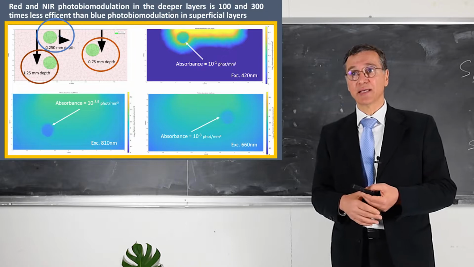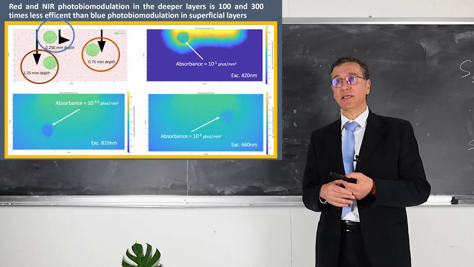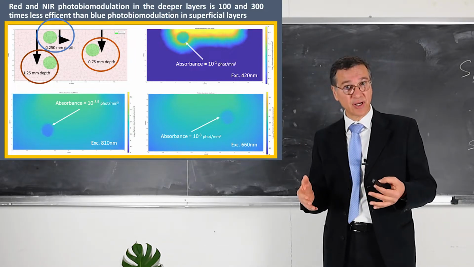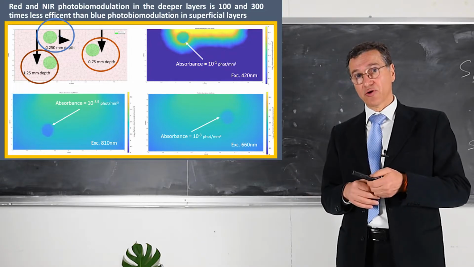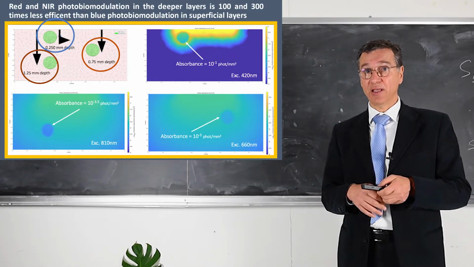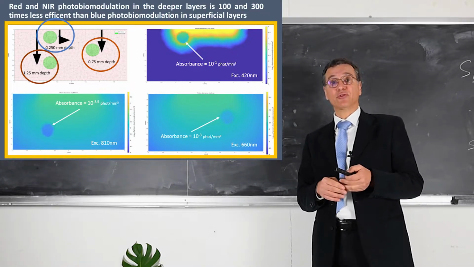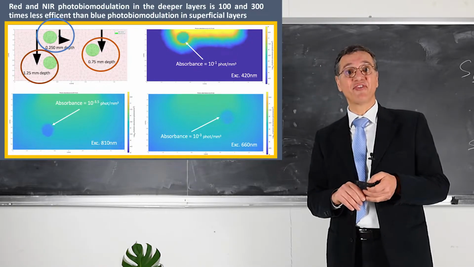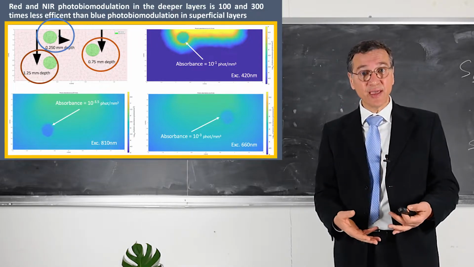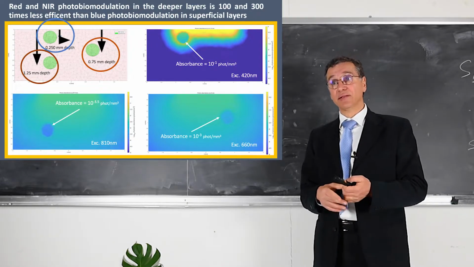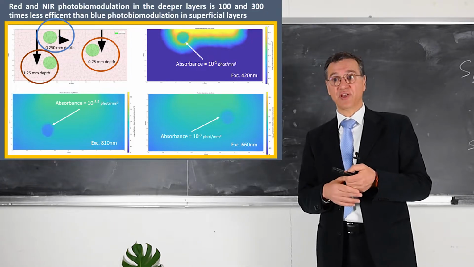So in that case, what are the results? Okay, we are photoactivating cytochrome deeper with red and near infrared, but with near infrared, we are about 300 times less effective in photoactivating the cytochrome than the blue on the surface.